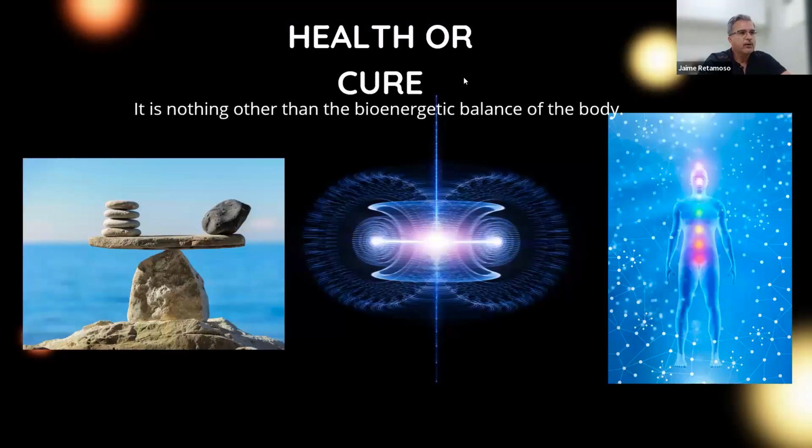So health or cure is nothing other than the bioenergetic balance of the body. The body is constantly trying to do homeostasis, which is the equilibrium of the internal part of your body with the external part of your body, or within the internal part of your body, okay. This balance of energy in your body is what we call health or cure.